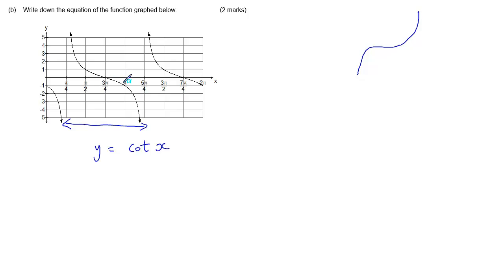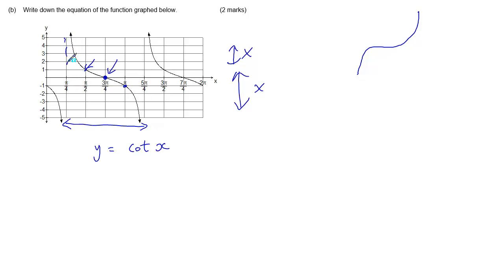Now I can see, looking at it, that it crosses the axis here, and that seems to be the inflection point, and that tells me that it's not been moved up or down in any way. And also it's 1 pi by 4 before the inflection point and negative 1 pi by 4 after it, which tells me that it's not stretched in this direction either, so there's nothing in front of the cot.